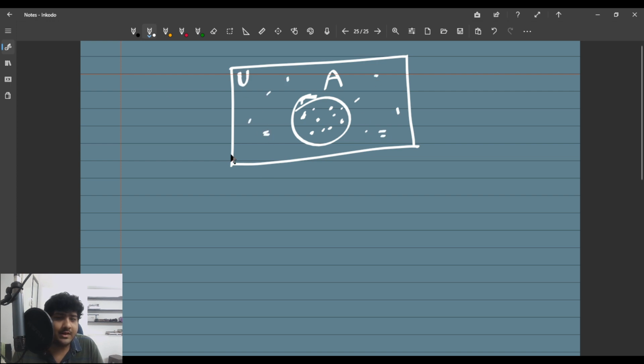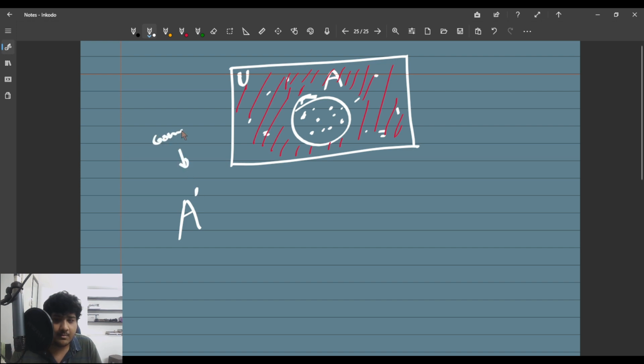So universal set has a lot of elements. A complement, I define it to be this shaded region. So I am giving you various ways of defining things. This is a completely geometrical way of defining. So what is the mathematical way of writing? I'll call it A dash or A complement.